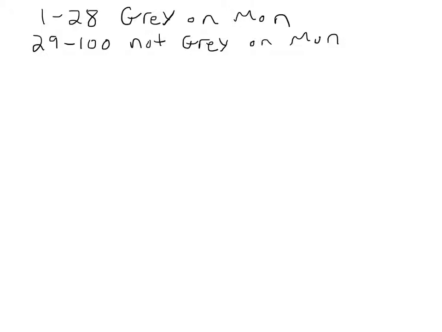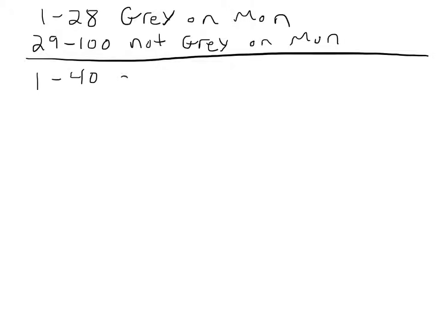So if I'm not gray on Monday, or rather, which way did I have it here? If I'm gray on Monday, 1 to 40 is going to represent gray, and 41 to 100 is going to represent not gray.